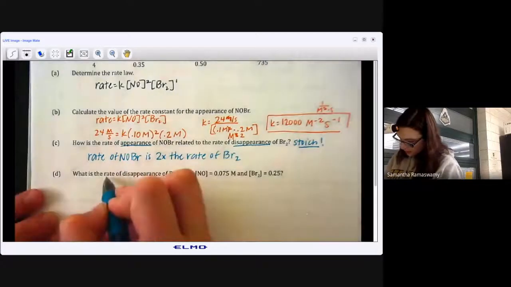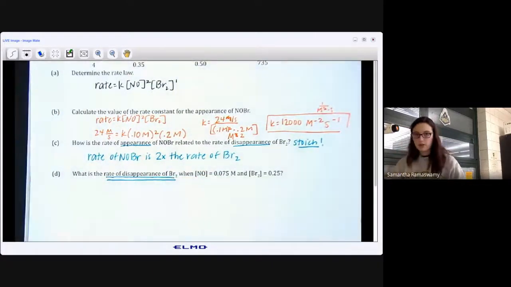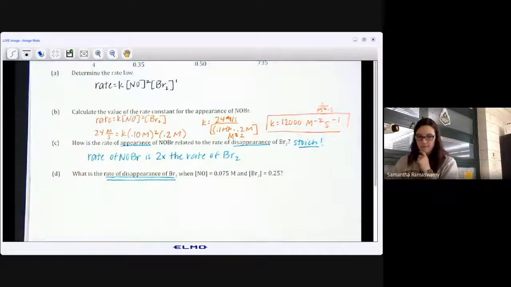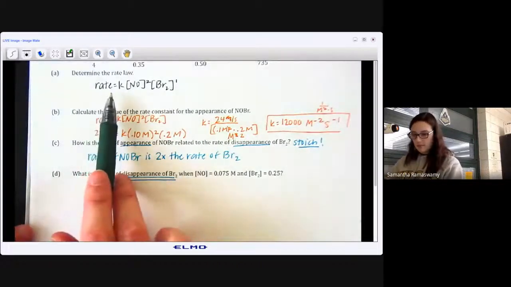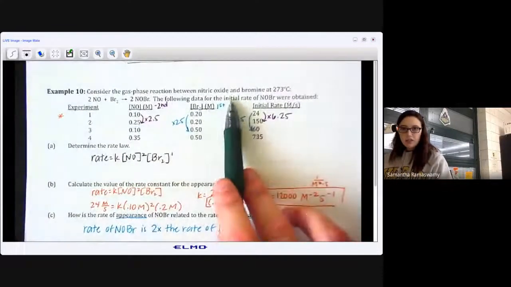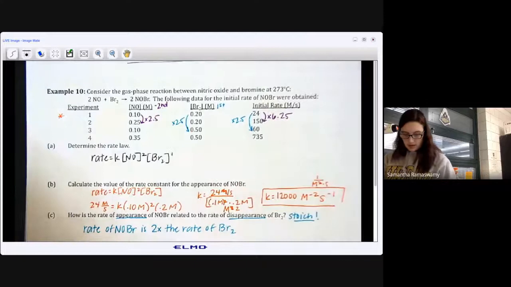So I'm going to be solving the very end. My answer should be the rate of disappearance of Br2. I need to do some things first. Because if I'm using the rate law, up here it says this is the initial rate of NOBr. Right?